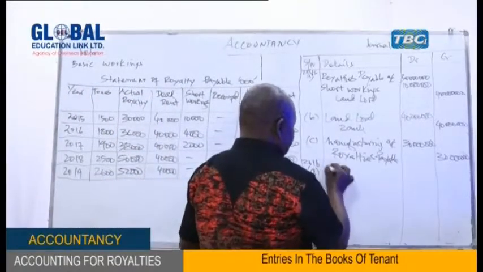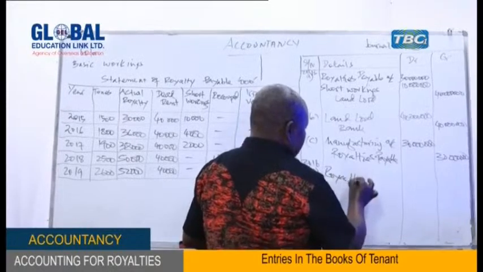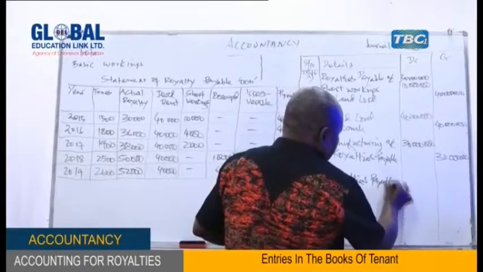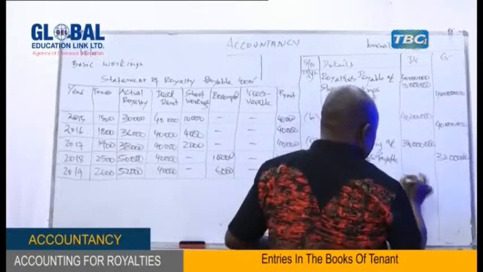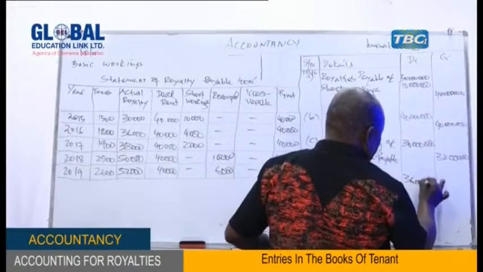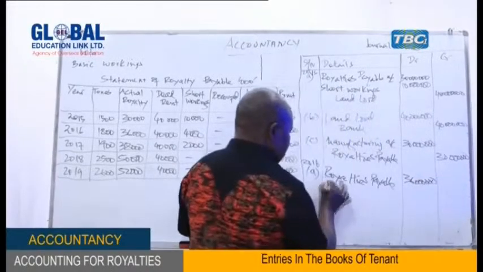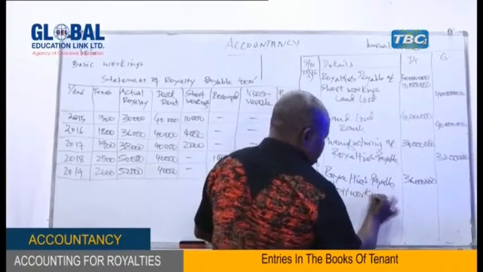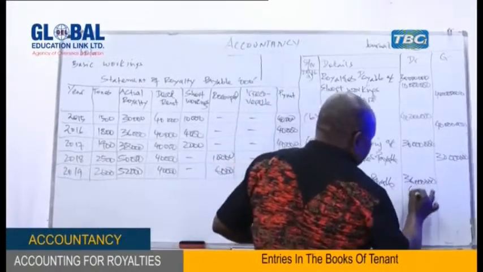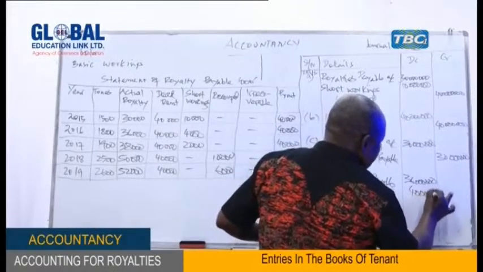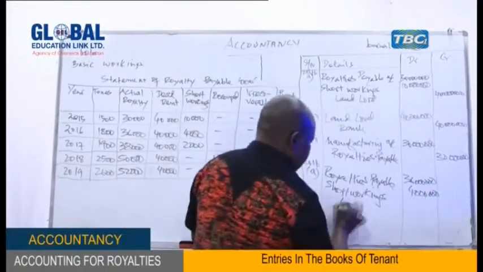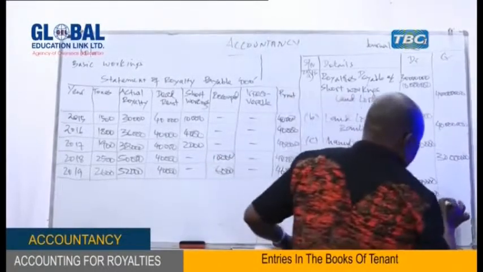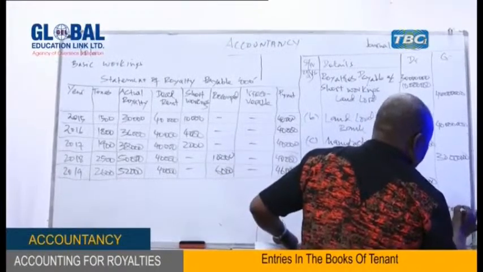So we debit royalties payable, that is 36 million. We are going to debit short workings, that is 4 million, and credit the landlord 40 million.